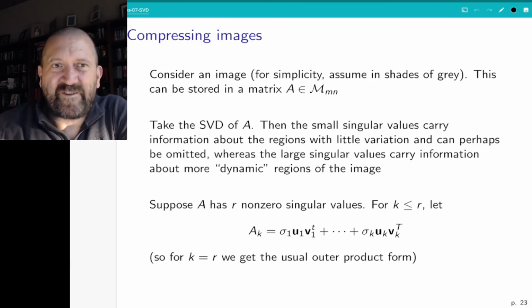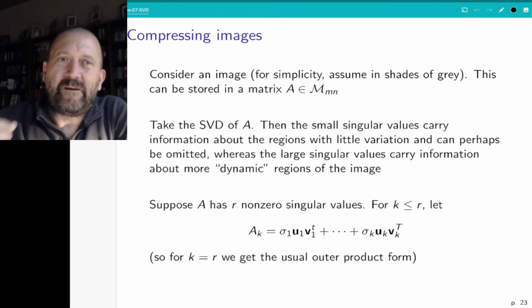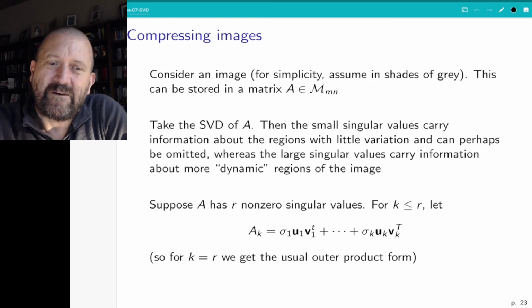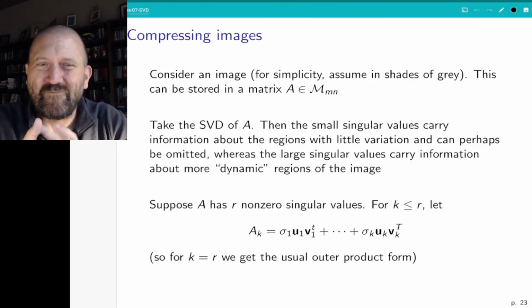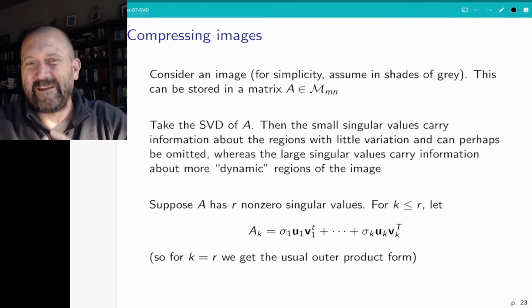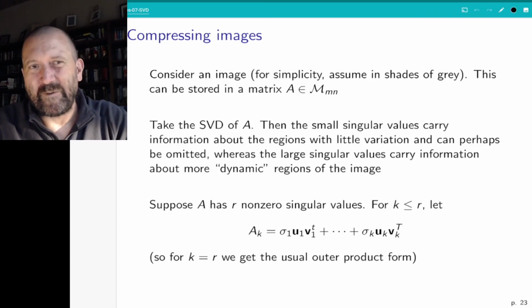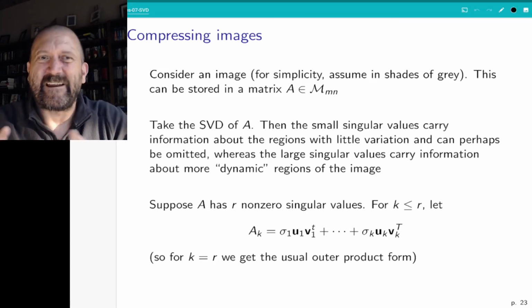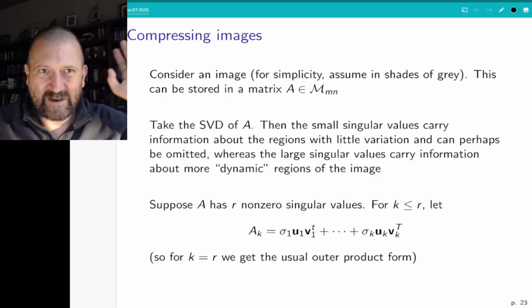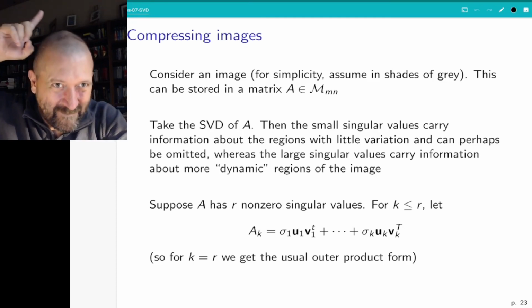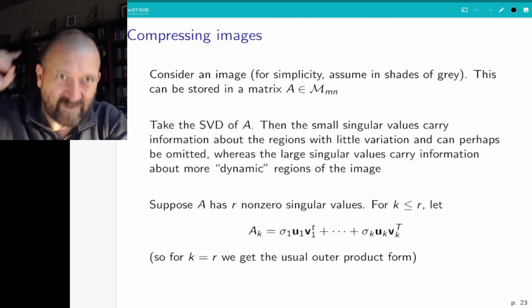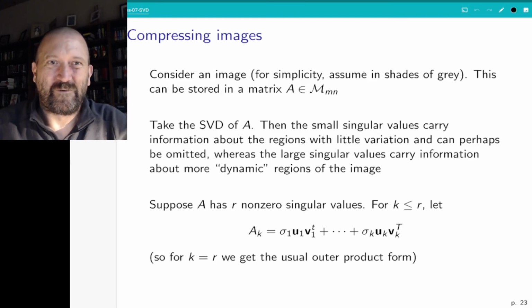The small singular values are going to carry information about the regions in the matrix. It shouldn't really be regions, it's difficult to explain. They convey information about where things don't change much. For example, look at my background here. It's quite uniform in the back. It's a wall with uniform colors.